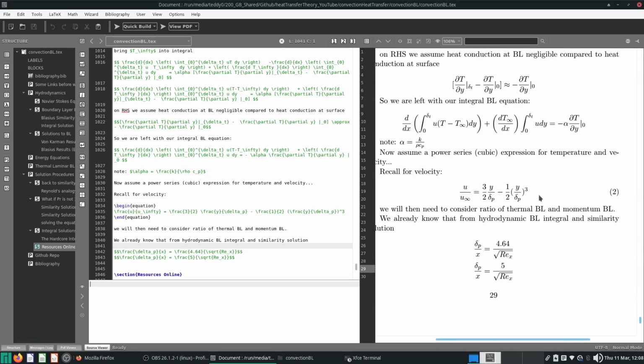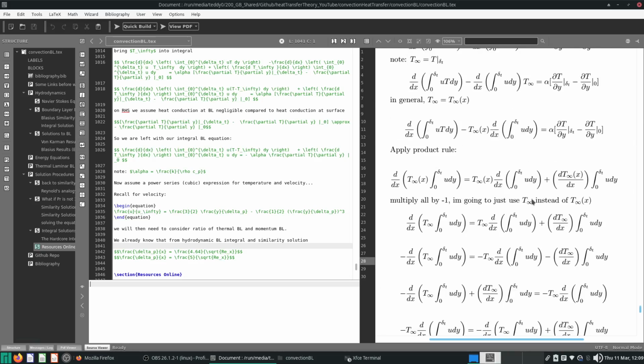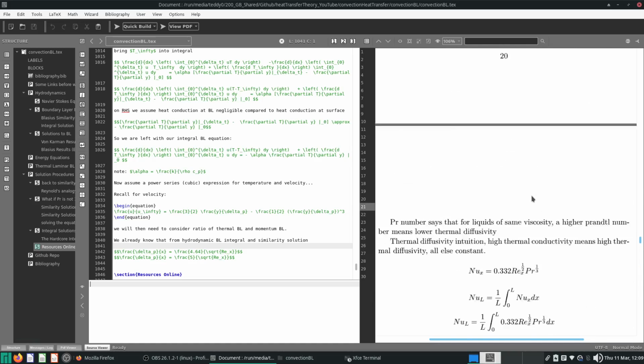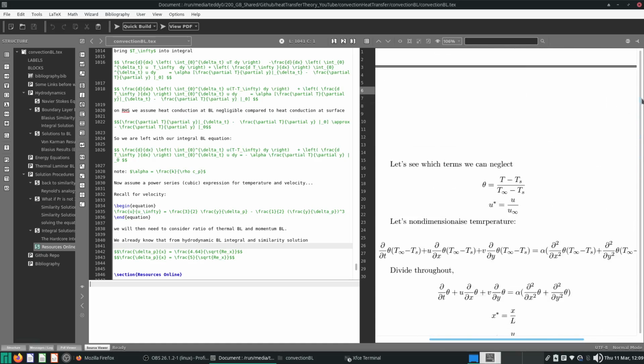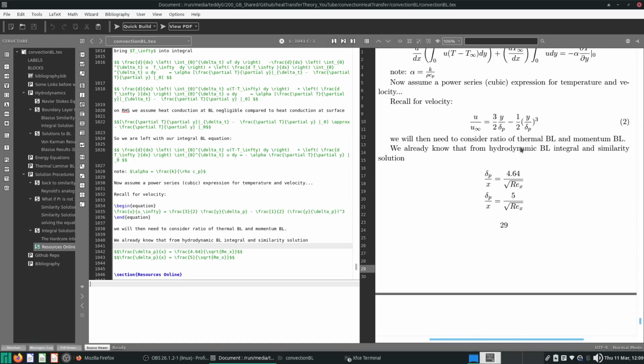The way that Pohlhausen did it was to assume a power series expansion, a cubic expansion for velocity. This was our velocity profile based on the boundary conditions we had before, found in previous videos, more or less.